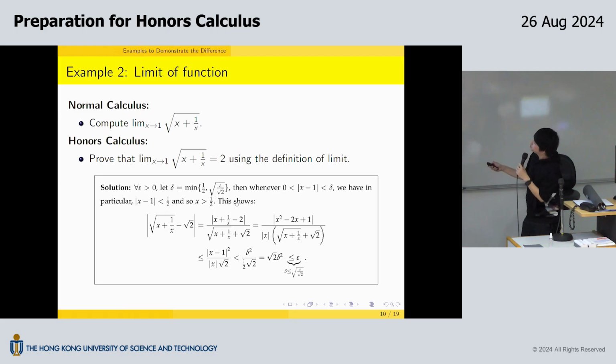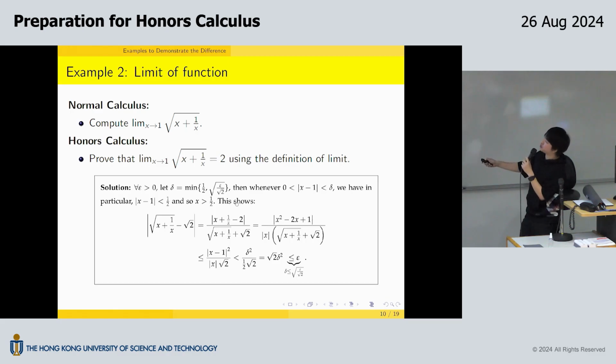After some work, you find that given an epsilon greater than 0, we choose delta to be the minimum between these two numbers. With this delta, whenever the difference between x and 1 is less than delta, the difference between the function and square root 2 is, blah, blah, blah, smaller than square root 2 delta squared.